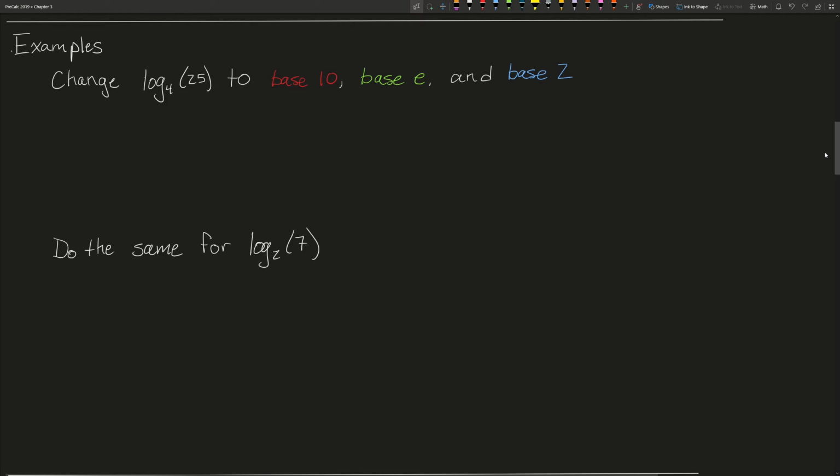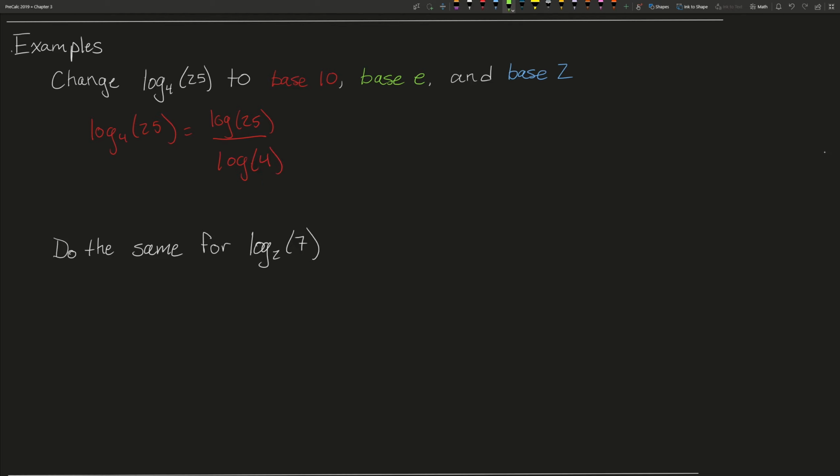Let's say we wanted to change log base 4 of 25 to base 10, base e, and base 2. So in order to change log base 4 of 25 into base 10, we take the ratio of log of 25 over log of 4.